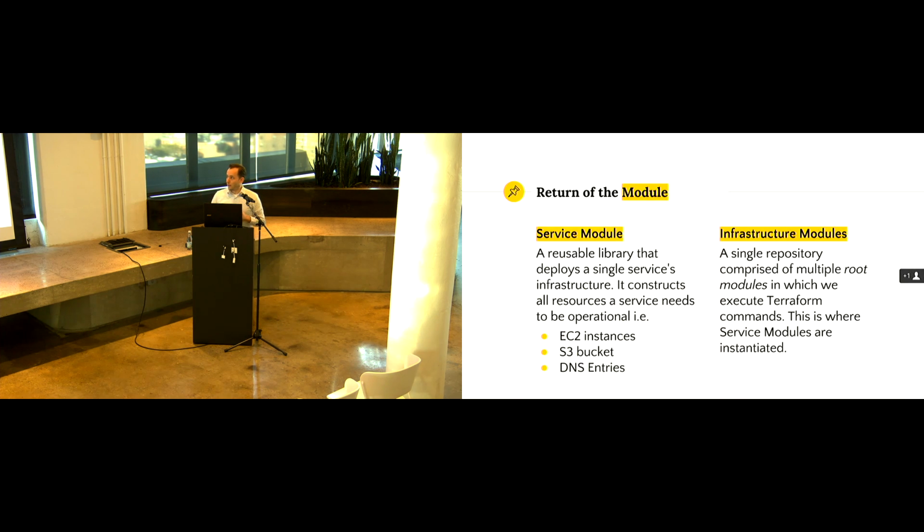So we covered some syntactical ways to help reduce complexity. I'm going to go back to our modules and see if we can improve our module that we have here. So here's where I kind of start making stuff up. The service module is essentially a reusable library.